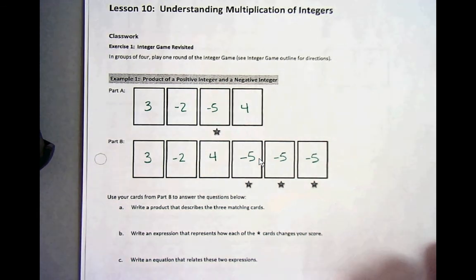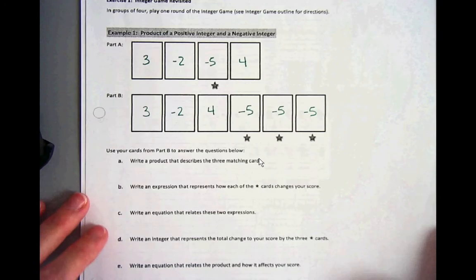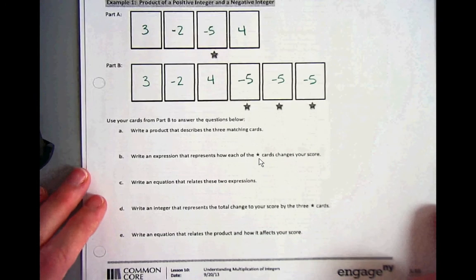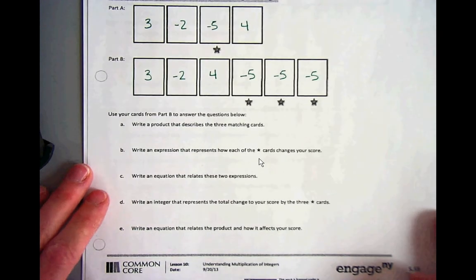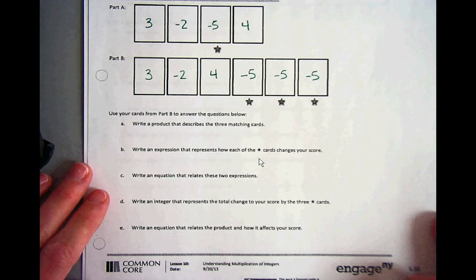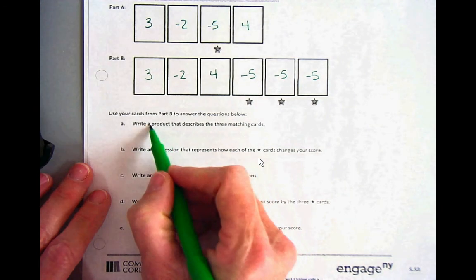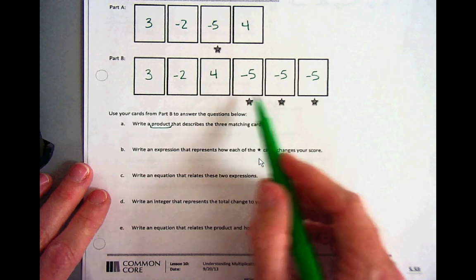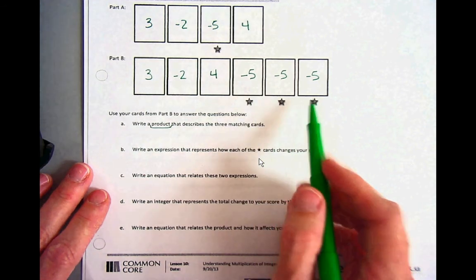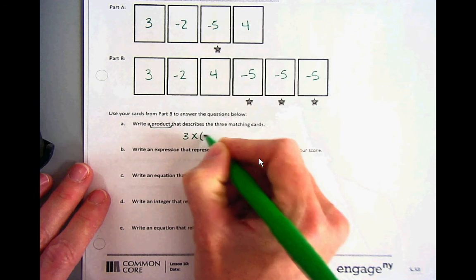Now let's answer the questions based on our hand. The first thing it says is, using your cards from Part B, write the product that describes the 3 matching cards. Remember, product means multiplication. We have 3 matching -5 cards, so we would write this as 3 times a -5.